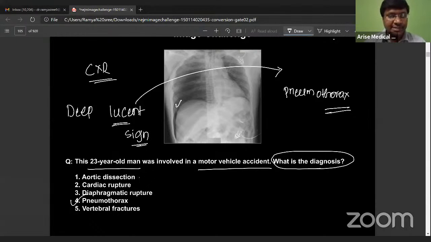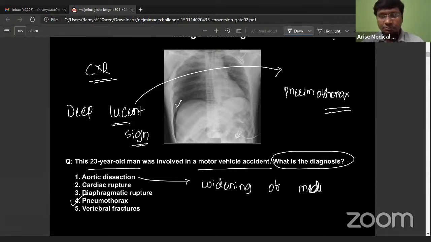Now, what about aortic dissection? In aortic dissection, the chest X-ray shows widening of the mediastinum. You don't have that in this image. The only differential diagnosis we need to discuss is aortic dissection, because that is one of the differentials after a motor vehicle accident.